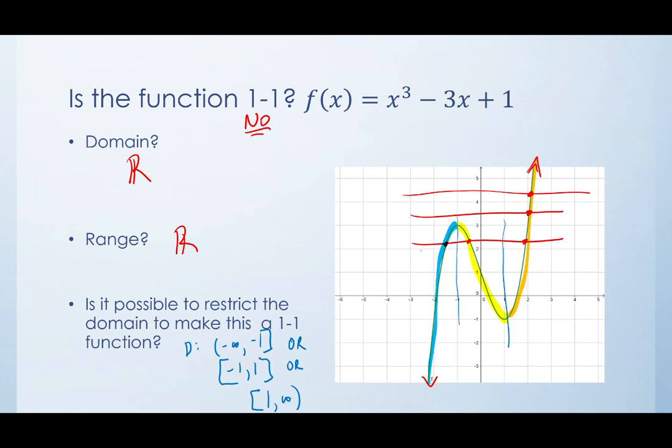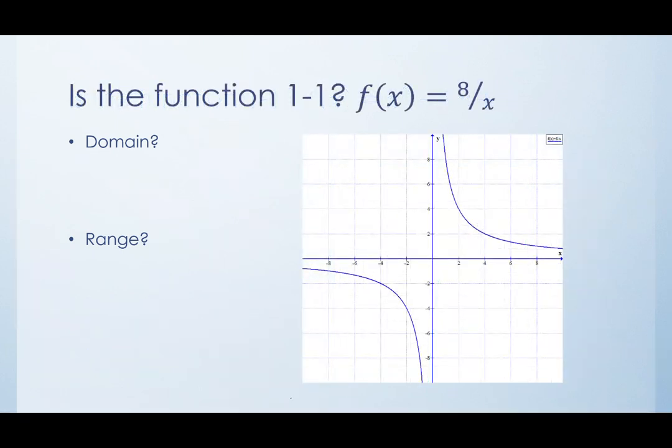Okay, so what do we got next? We've got another function: f of x equals 8 over x. Is it one-to-one? We see the graph here, because that's by far the easiest way to check.